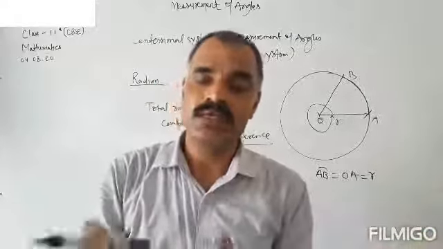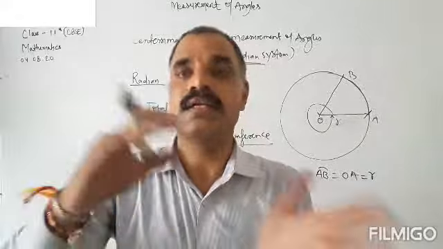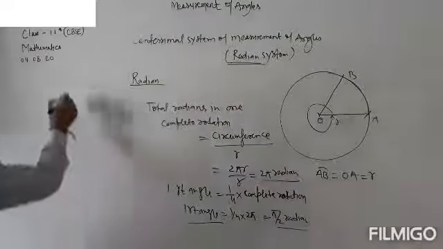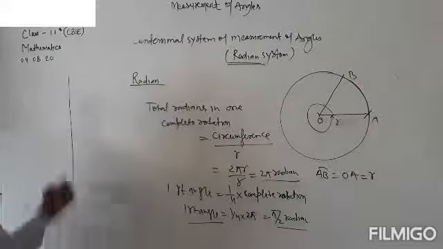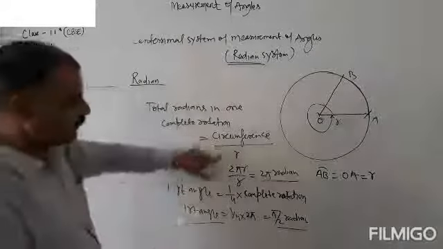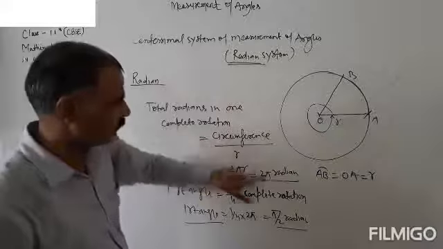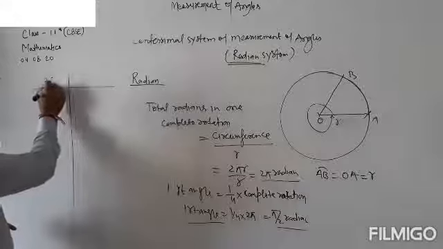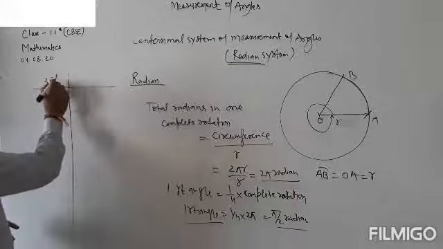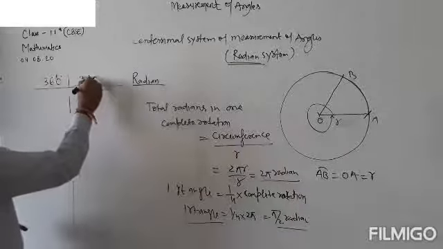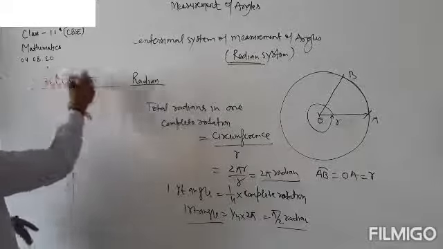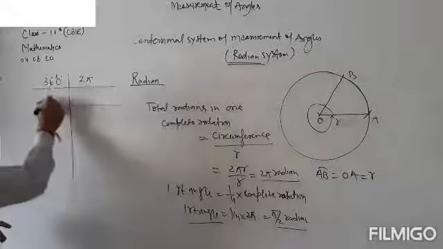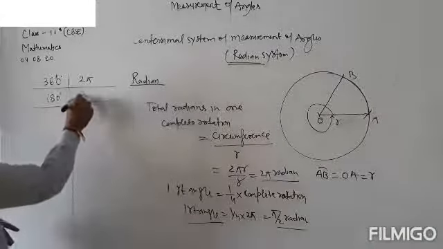So we can have different angles in radian also. One complete rotation, 360 degrees, is equal to 2 pi radian. This is degree and this is radian. If we make it half, 180 degrees, it is pi.